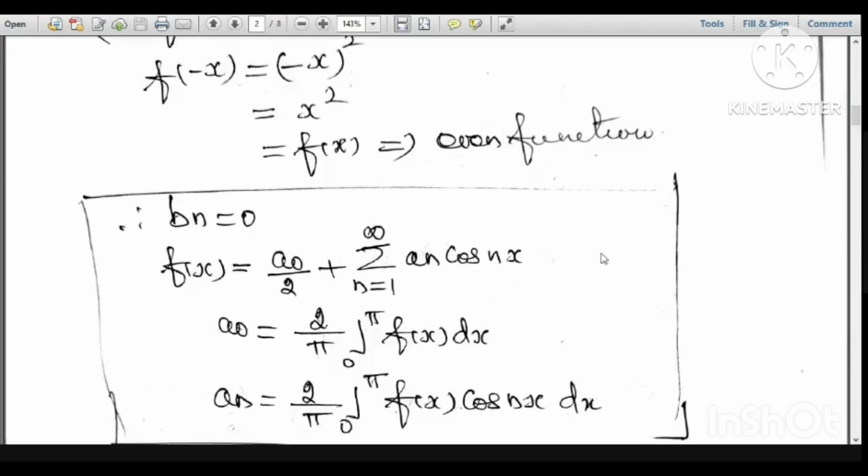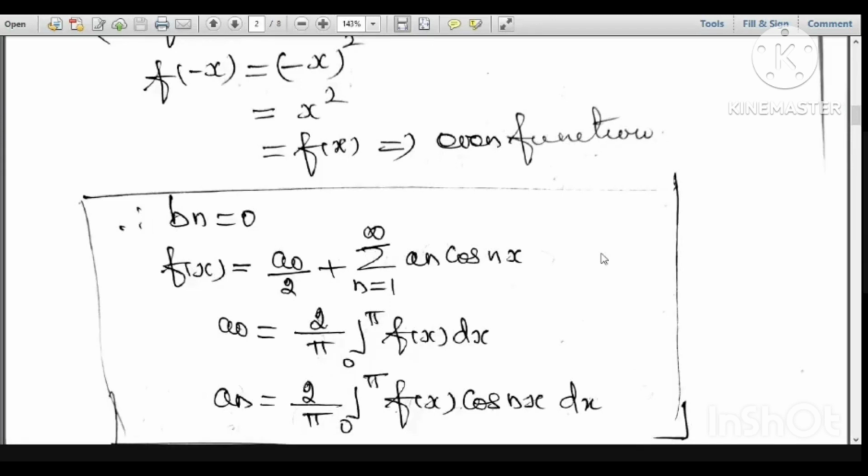So a naught is equal to 2 divided by pi, not 1 by pi, because the limit will be given as minus pi to plus pi, which we cannot take as it is. So we have to change it: a naught is equal to 2 divided by pi integral over the limit 0 to pi f of x dx.